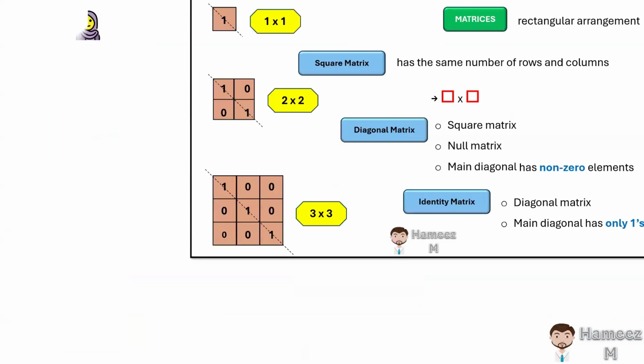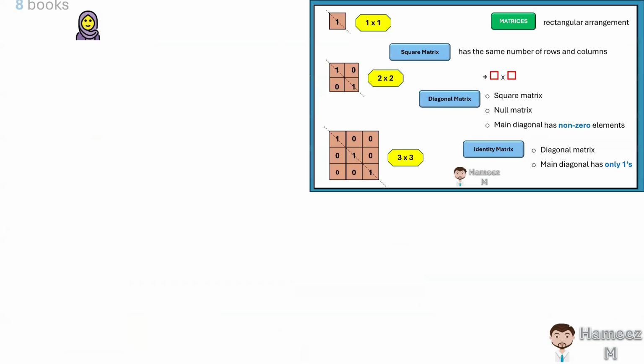So if we're looking specifically only for a 1 by 1 identity, if we have 8 books and we have Sarah here, this is a compartment for her books, right? Sarah will be represented just by, that's the only information, 8.